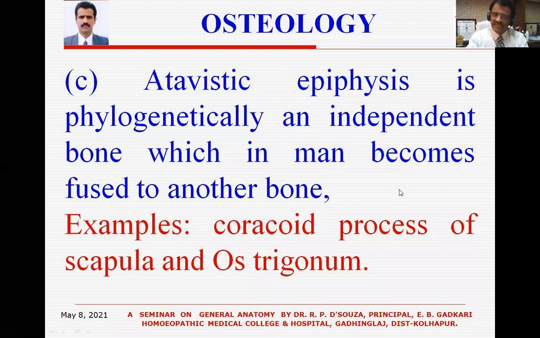So phylogenetically it is a different bone, but in case of human beings it gets fused with another bone. I told you in the beginning also, the coracoid process was phylogenetically an independent bone. Now it is getting fused with the scapula, so it is called atavistic epiphysis. And another example for atavistic epiphysis is os trigonum. Well, let us proceed further, and the last one is aberrant epiphysis.